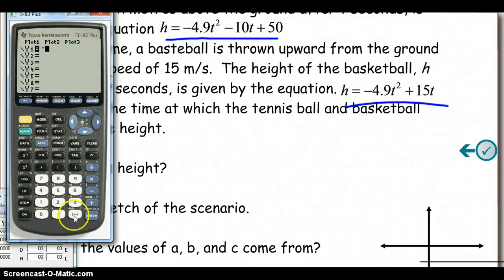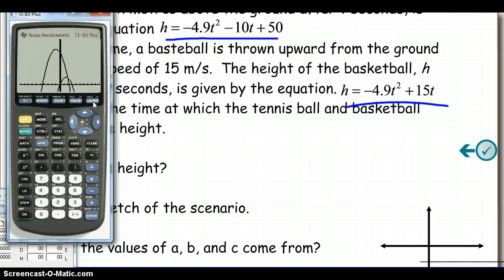So this will equal negative 4.9 x squared, subtract 10x plus 50. For all of these, go back to your standard window, okay, and start from scratch every time. Now, this isn't the best window, but it looks better than the last one I had to start with. So I'm going to change this y max to something like 70. Okay, here this is a really good window.